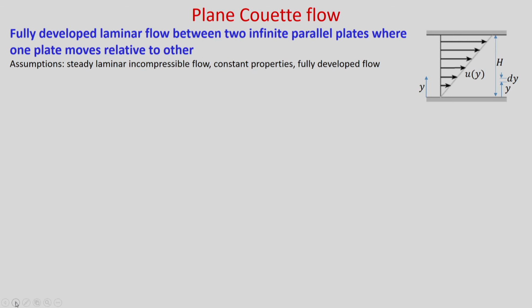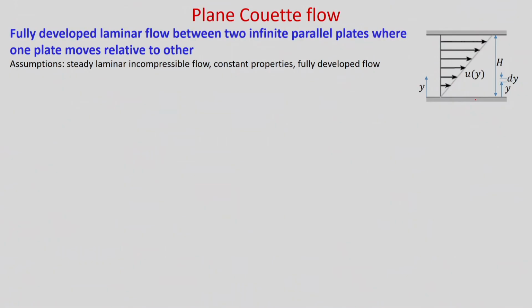Next, we will consider plane Couette flow. This is the flow between two infinite parallel plates, where one plate is moving with respect to the other. You can see that these are the two plates, and the upper plate is moving with velocity u in the axial direction, some constant velocity u with respect to the bottom wall.